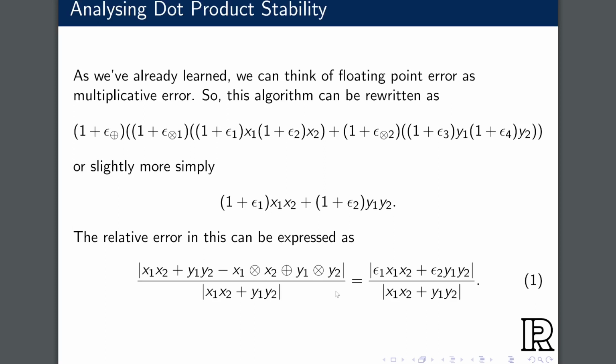However, nowhere did we say that these two errors are equal. In fact, we kind of assume that they're basically random. And the probability that two random numbers are going to be equal is essentially 0. Actually, it is literally 0, but for the purposes of this talk, it's essentially 0. And so we basically cannot factor these epsilons out.